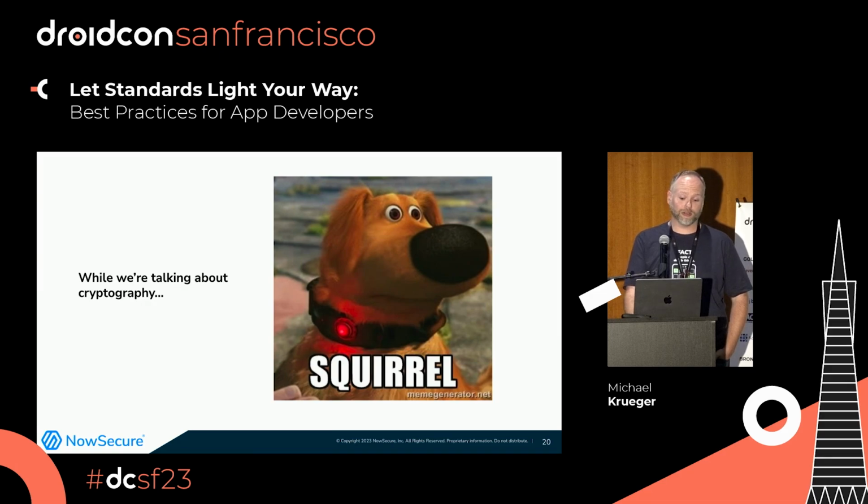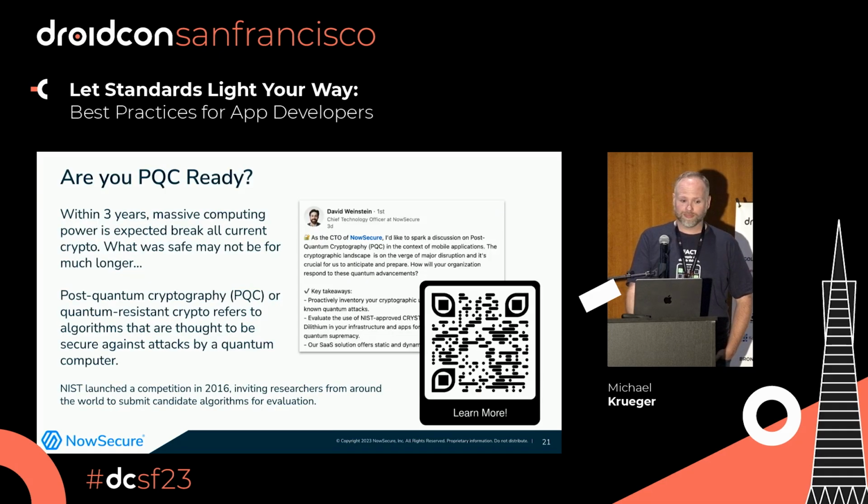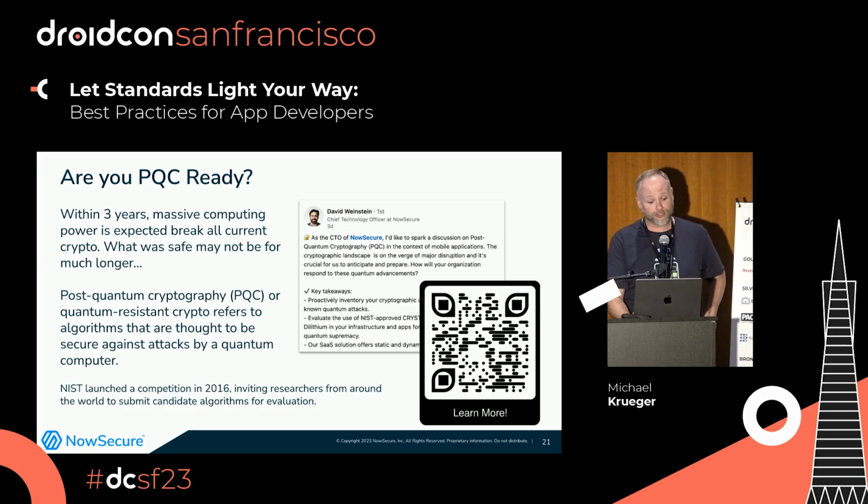Now, while we're talking about crypto, who here knows about PQC? Post-quantum cryptography. I promise I will not get into the mathematics of this. They told me about lattice-based matrix math, and that was all I needed to know, that I was not smart enough for that.